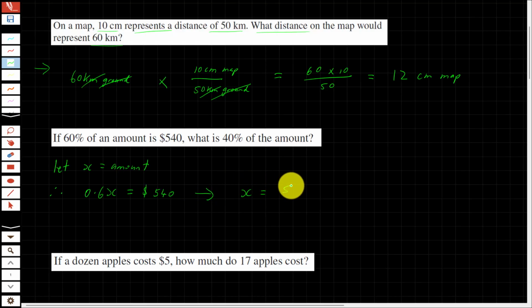So we can solve this equation for x, divide through by the 0.6 left and right, and that will give us the total amount. By getting the total amount, we can then work out what 40% of that amount is. So 0.4, or 40%, multiplied by $900 will give us the 40% answer.